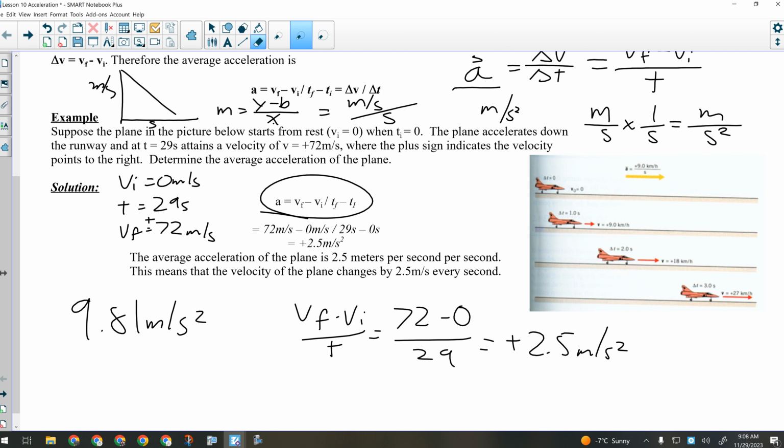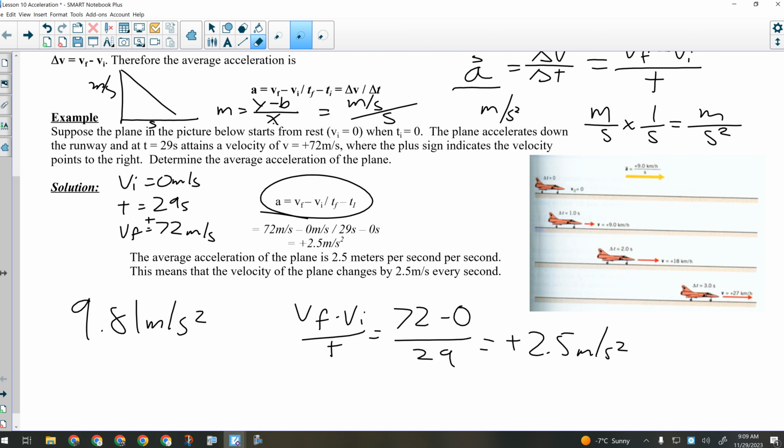We would say this would be 0.25 Gs, so not even 1 G. Sitting in your desk, you feel 1 G. The seat of your desk pushes back up on you with 1 G worth of force. You feel your weight. So in this plane, the seat would push on you from the back with only 0.25 Gs. You feel a gentle push in your back, kind of like when a passenger aircraft takes off. You can feel that it's accelerating forward, but it's not huge.